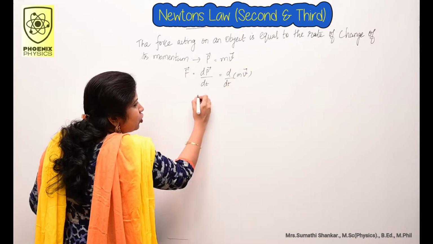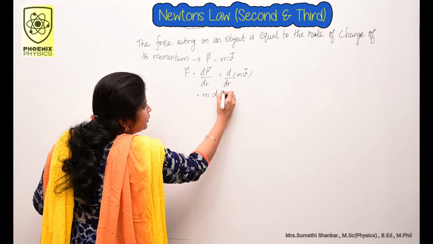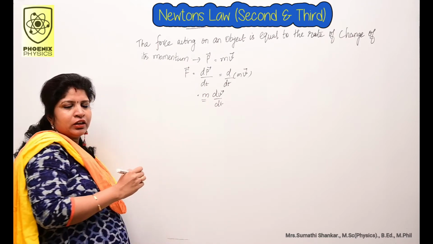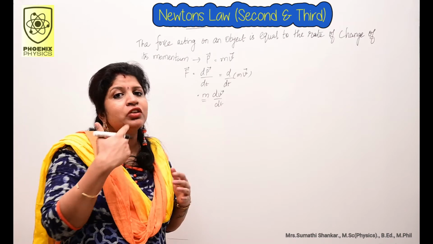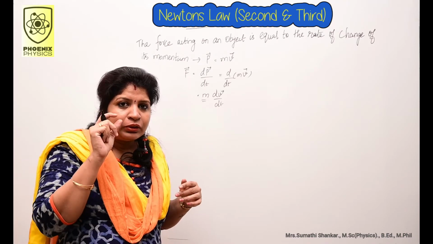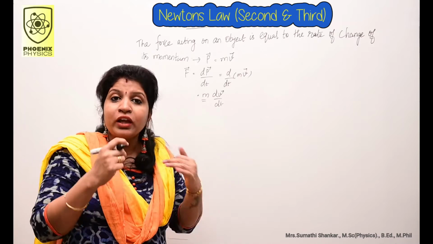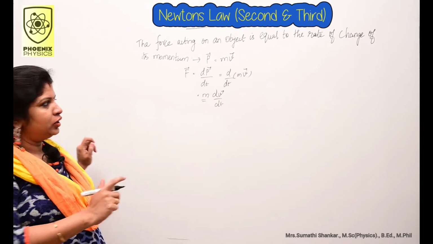Here m is a constant, take it outside, m dv by dt. Why did I say m is constant? Suppose the object is at rest or moves with some velocity, the mass of the object will not vary. That is why I said the mass of the object is constant.